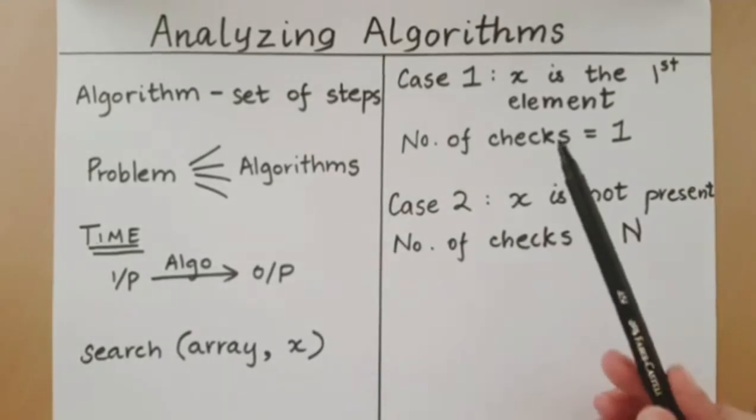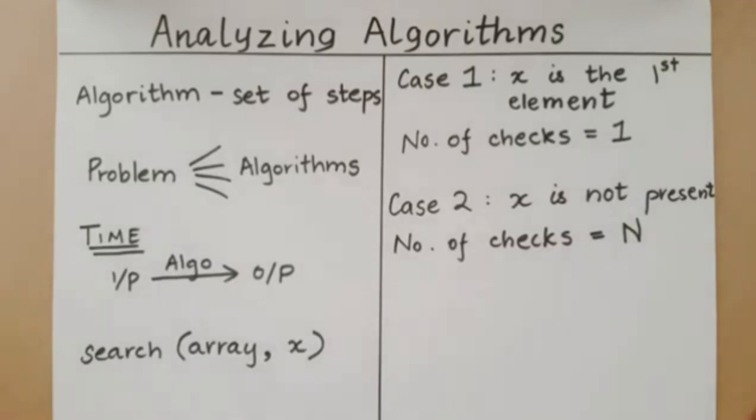Case 1 here is the best case, and case 2 is the worst case. As you can see, the number of checks in the worst case is much larger than the number of checks in the best case.